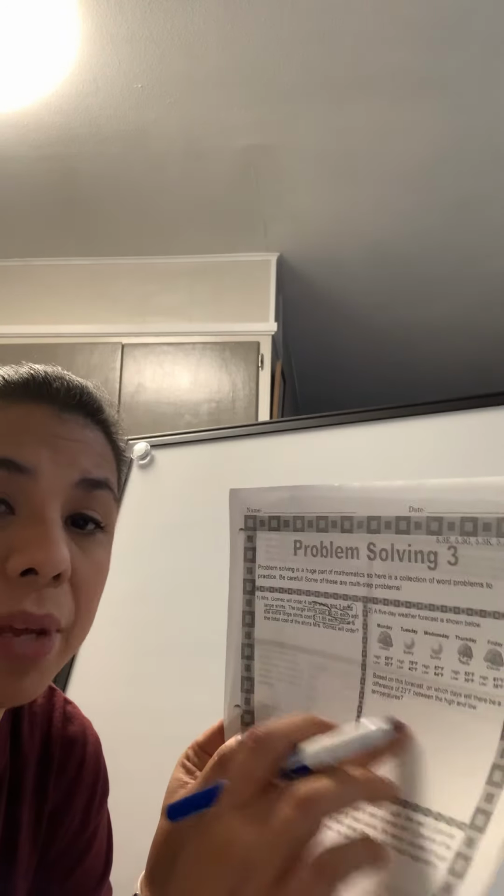So this is something you're going to have to work out. On each day, you're going to have to subtract the low from the high. You always subtract the smaller number from the bigger number. And if it's 23 degrees, I would just circle it.